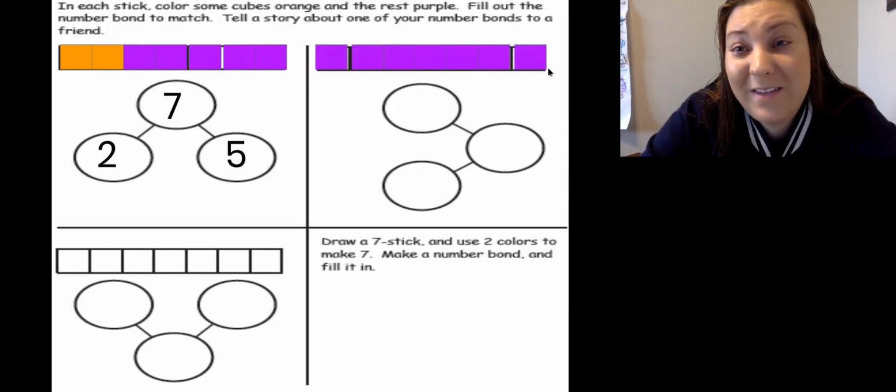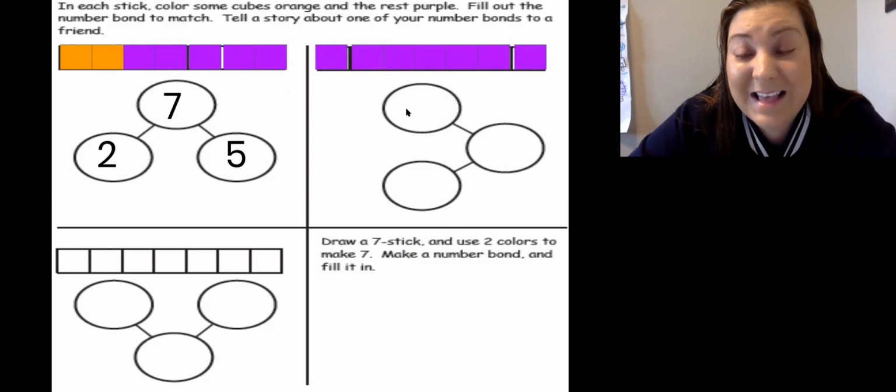We have 7 all together. So my story is that 7 cupcakes showed up at my house. They were all my favorite flavor of strawberry, and they had vanilla icing with sprinkles on them. None of those cupcakes were different.